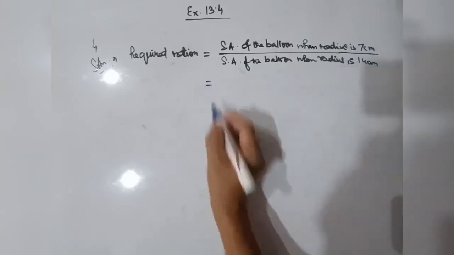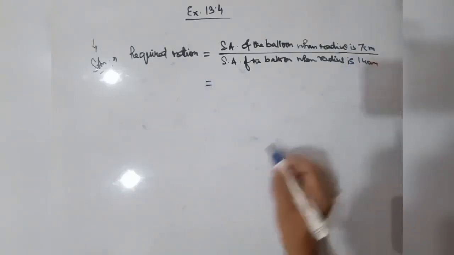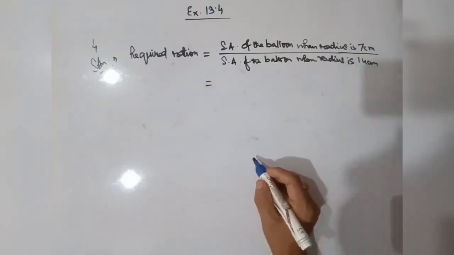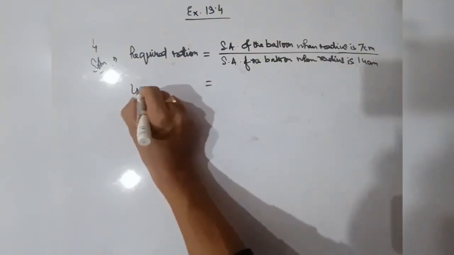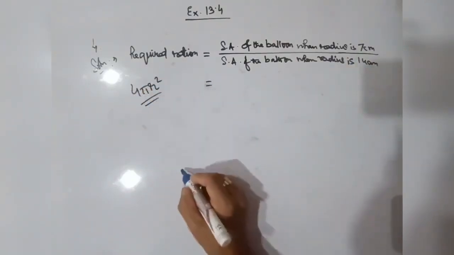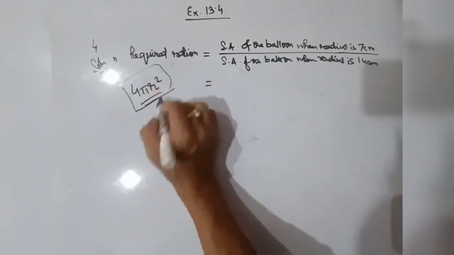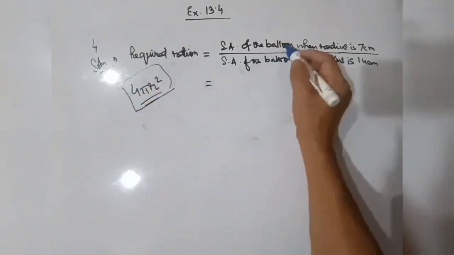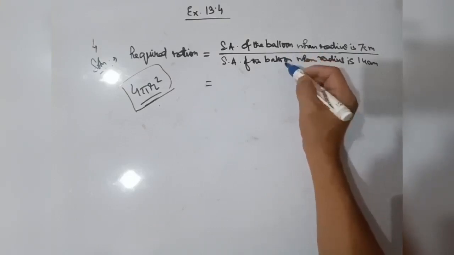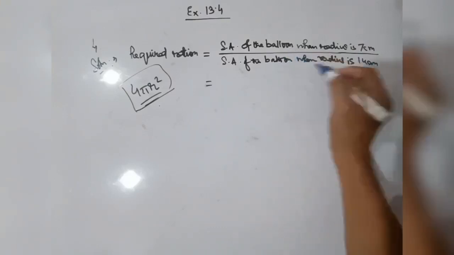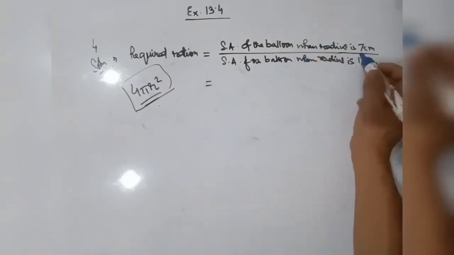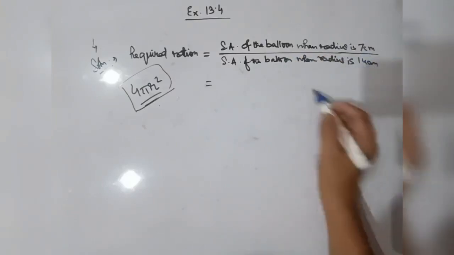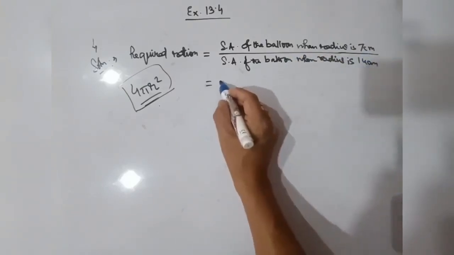Earlier we know that the surface area of a sphere is given by 4 pi r square. So we are going to use this simple formula to find the surface area of these two balloons, when one is of radius 7 centimeter and the other is of 14 centimeter.